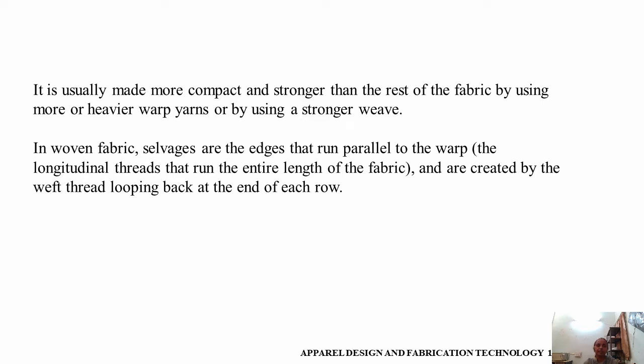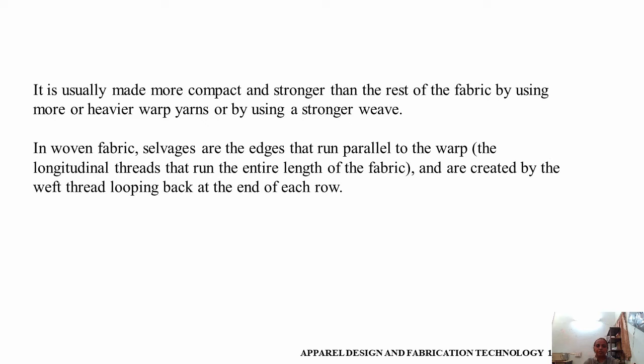In woven fabric, selvages are the edges that run parallel to the warp, the longitudinal threads that run the entire length of the fabric, and are created by the weft thread looping back at the end of each row. So, the selvage is a self edge.